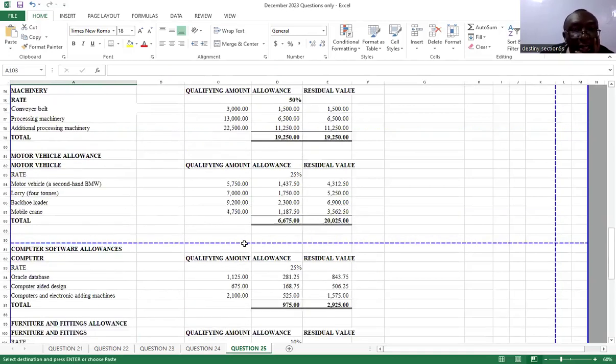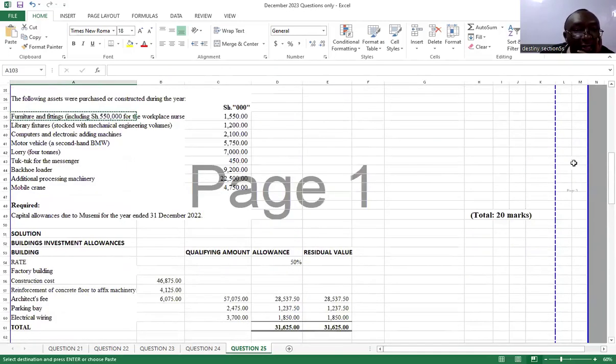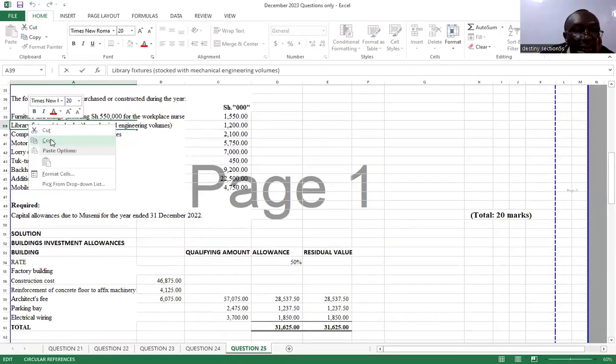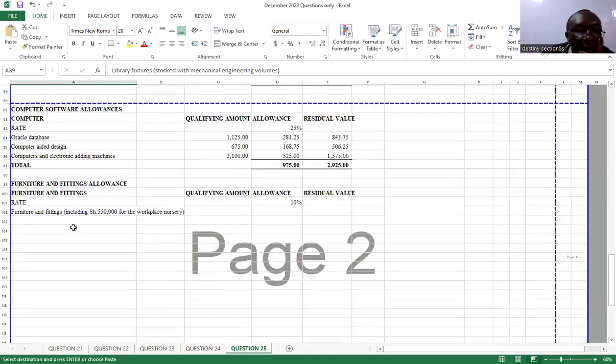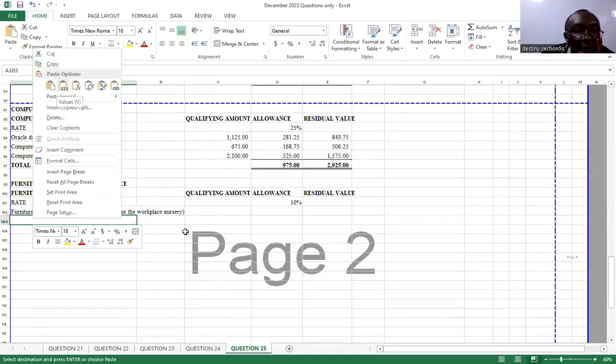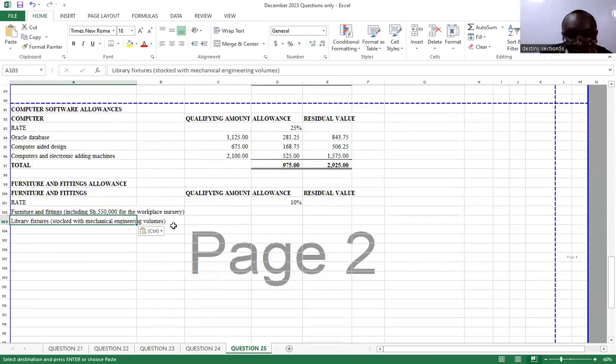Then there are these libraries, they follow here. So why is it not copying? Okay, we don't have anything else for the furniture.